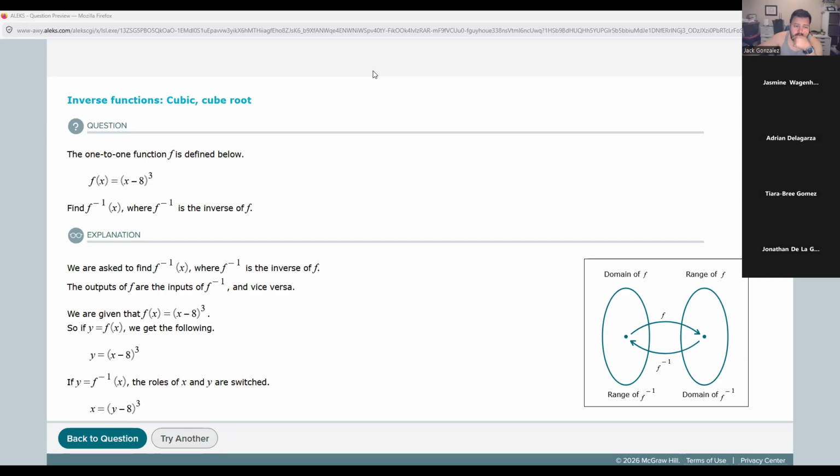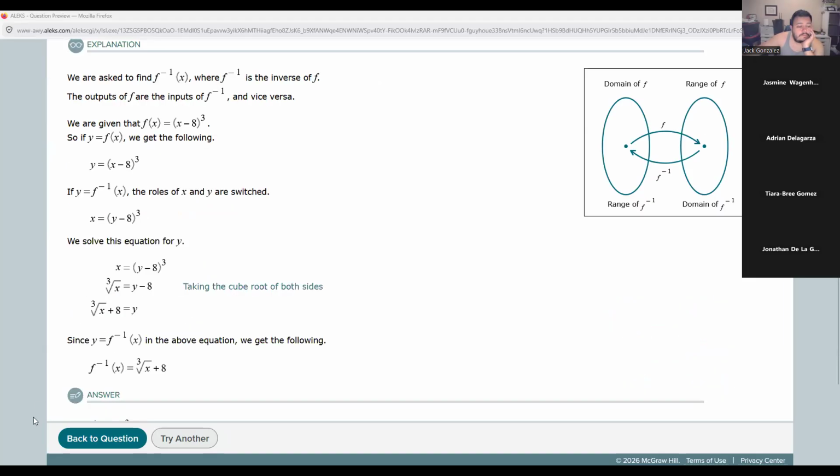So they're telling us it's 1-to-1, which is cool because it needs to be 1-to-1 in order to get the inverse. The next thing, sorry, I lost my train of thought, is to do the algebra to find it.